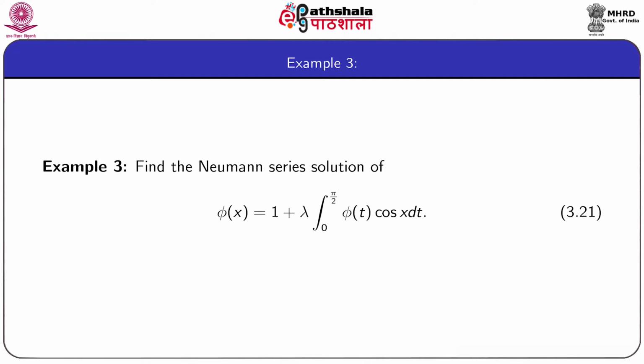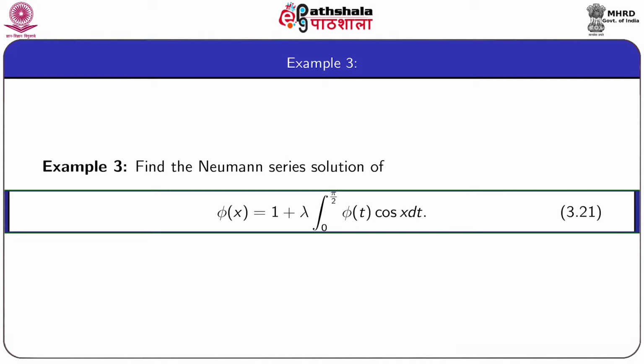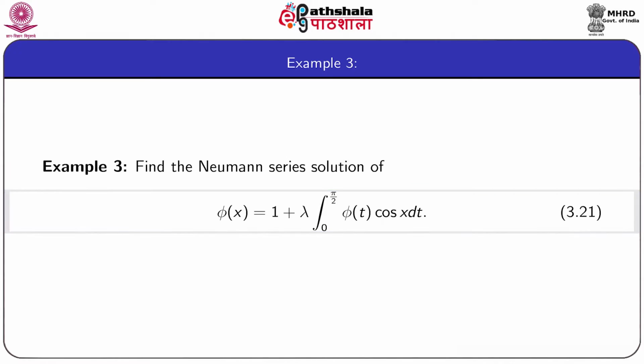Next, we consider the third example. Find the Neumann series solution of the integral equation phi x equal to 1 plus lambda integral 0 to pi by 2 phi t cos x dt, as given by equation 3.21.